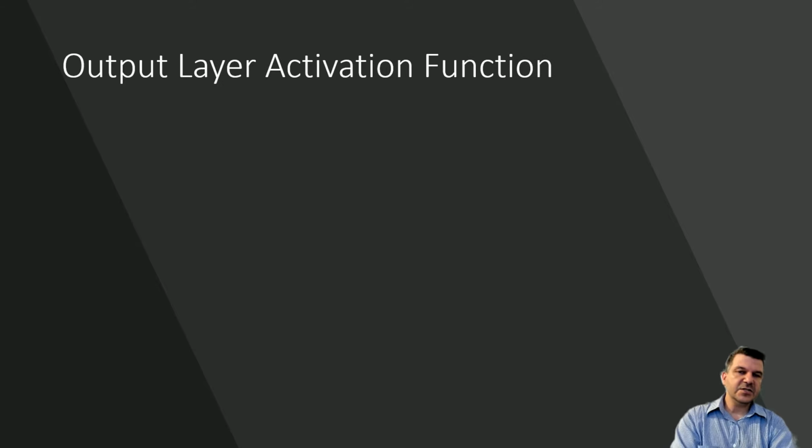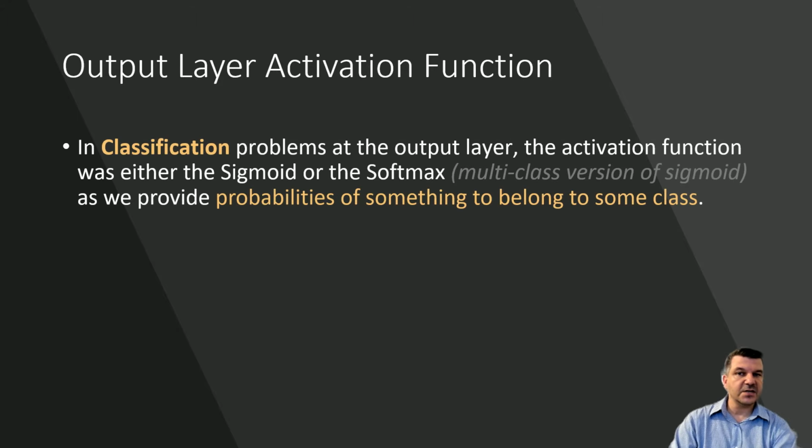Now, one thing that I should mention here is the output layer activation function. As we said, in classification we use the sigmoid or the softmax, where softmax is the multi-class version of sigmoid, in order to come up with probabilities, as in classification we always discuss how likely something is to belong to some class.